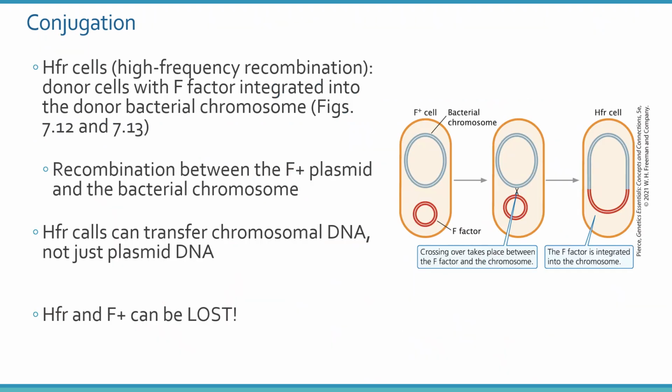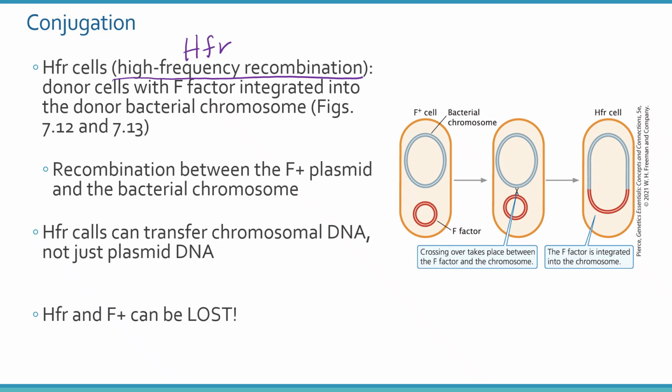In some instances, that F factor can get transferred into the genome, the genomic DNA of the recipient cell. When this happens, we call this high frequency recombination, or HFR for short.